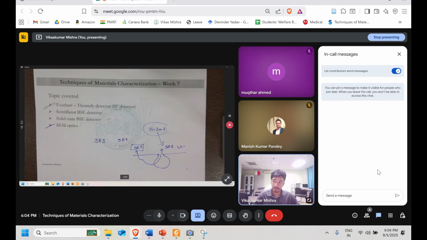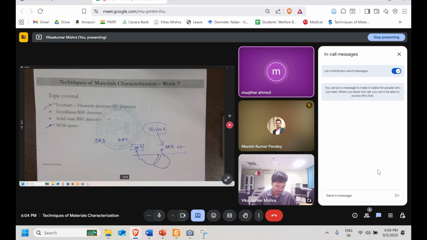Because ChatGPT and DeepSeek also confused me. It is giving SE1 and both also. When I say you are wrong, this is SE1 that is right, then it says yes, appreciated, SE1 is right. Then when I say no, you are wrong, both work, then it says yes, you are right, both are right.